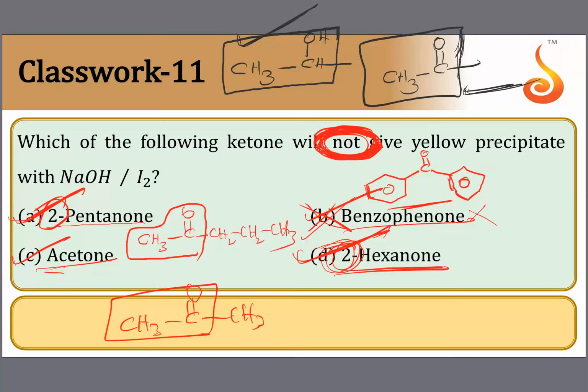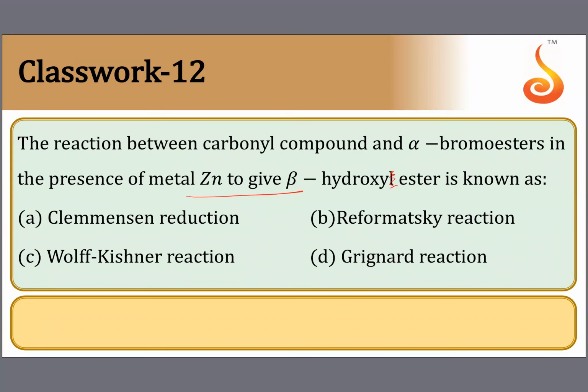Okay, next one. The reaction between a carbonyl compound and alpha bromo esters in the presence of metal zinc to give beta hydroxy esters. This is almost a direct question. Beta hydroxy ester is known as? Otherwise, if you are unable to remember, you can select by the elimination method. Not Grignard reaction, not Wolff-Kishner reduction, not Clemmensen reduction.